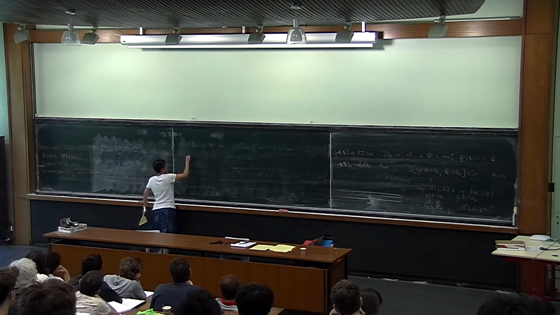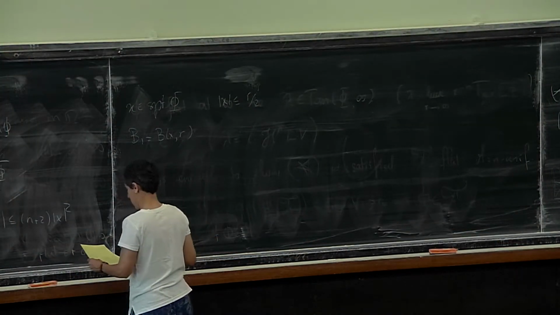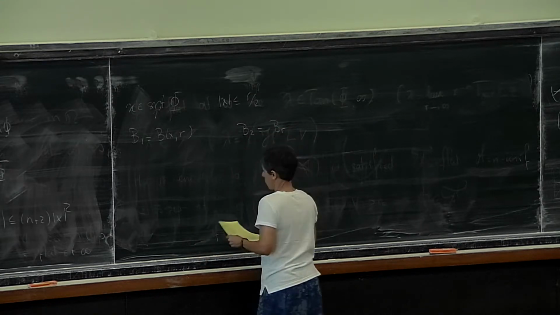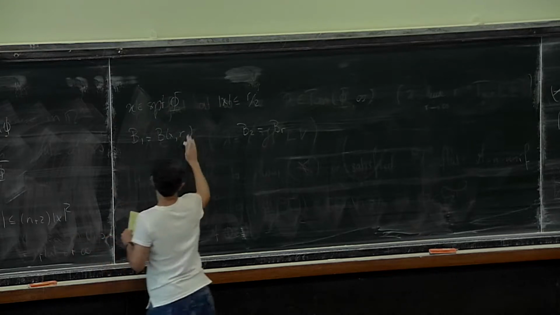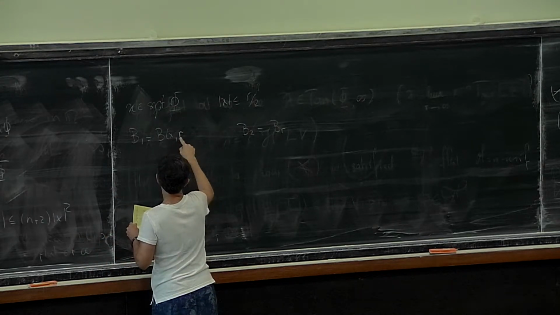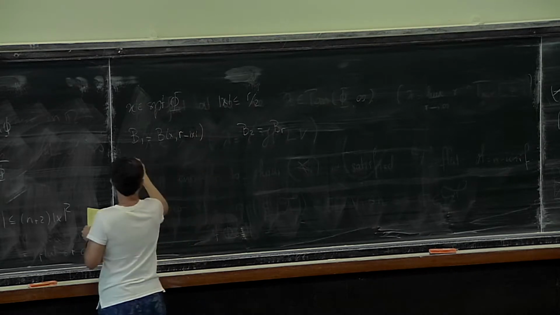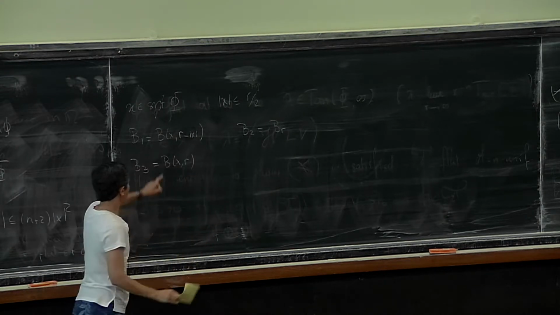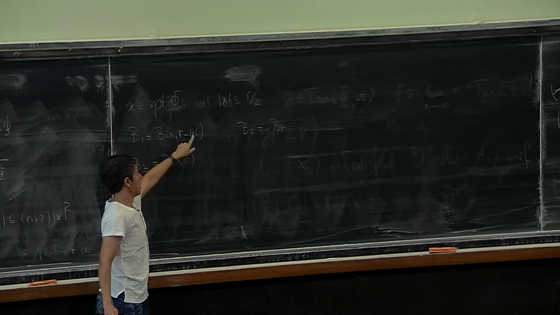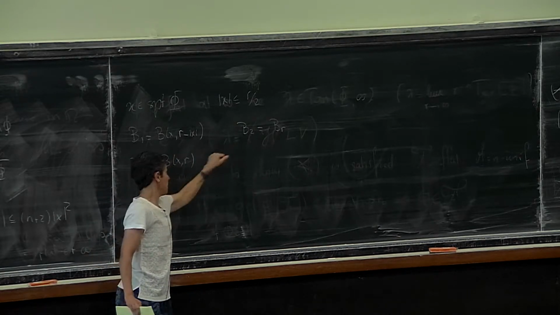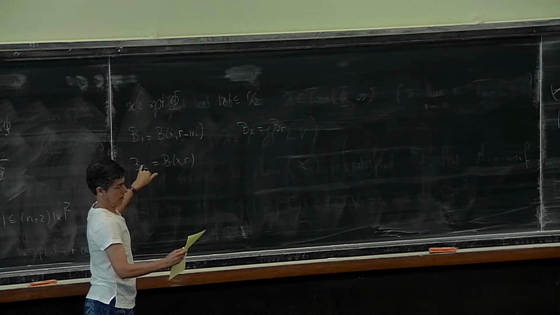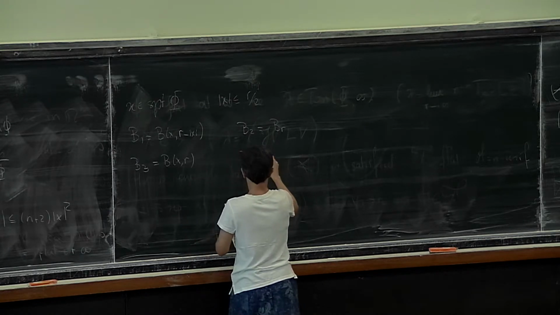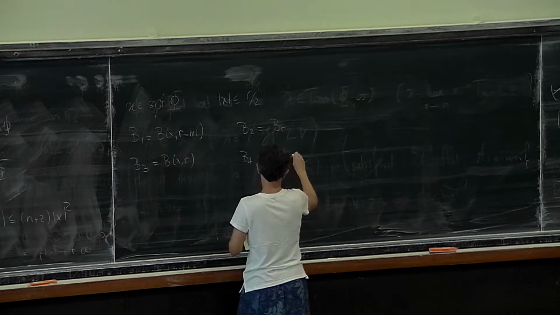B1 is the ball of center x and radius r minus norm x. B2 is the ball of radius r and center 0. Oh, no, sorry. Something tells me these are not correct. Sorry, let me think for a minute.